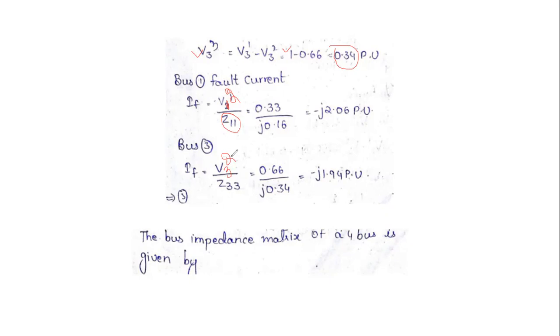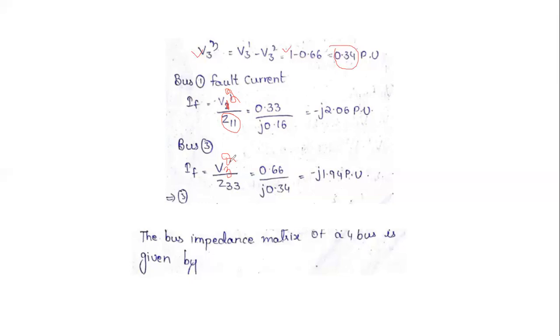Why? Because we already calculated the fault current at bus 2 and bus 1, then we calculate the fault current at bus 3. The formula is IF equal to V3², the voltage at bus 3 during fault.